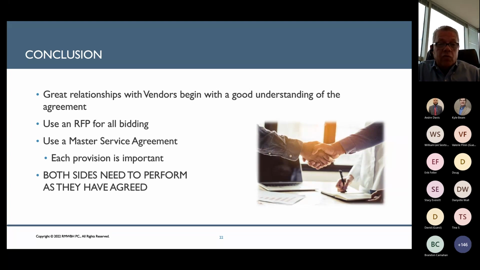Again, we recommend the use of a master service agreement, and it's not really a form contract. It's more of a template that we begin with and then tailor it to whatever that specific vendor is. And we try to cover all the big three provisions, which to me is termination, indemnity, and insurance, but also address things like the use of subcontractors and choice of law.